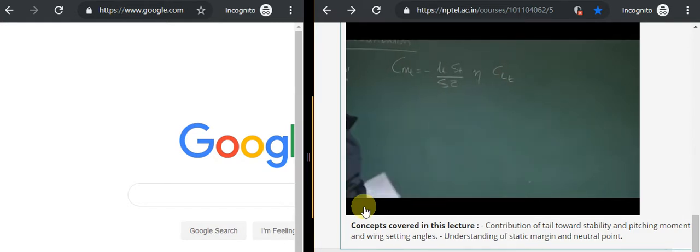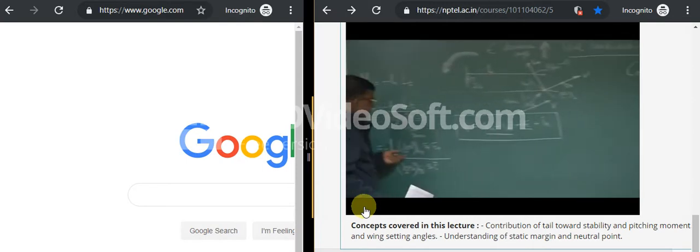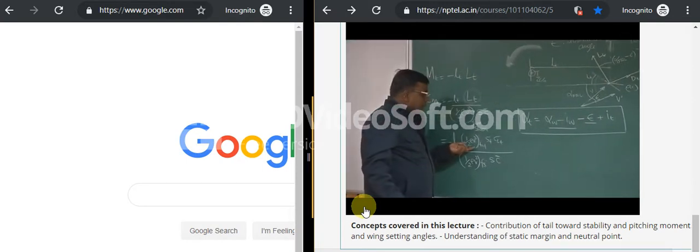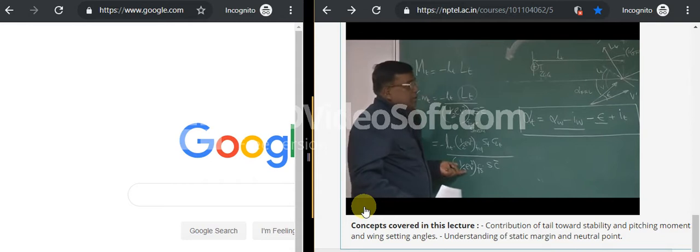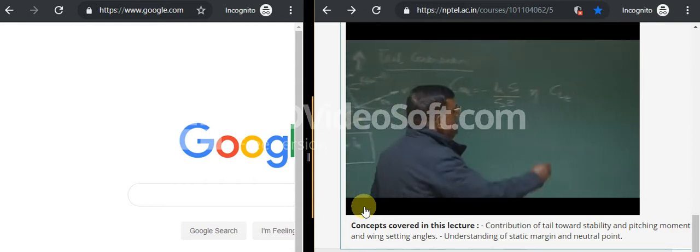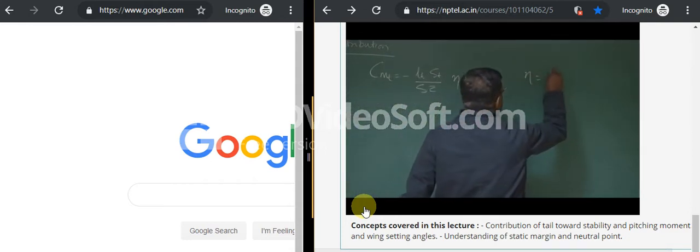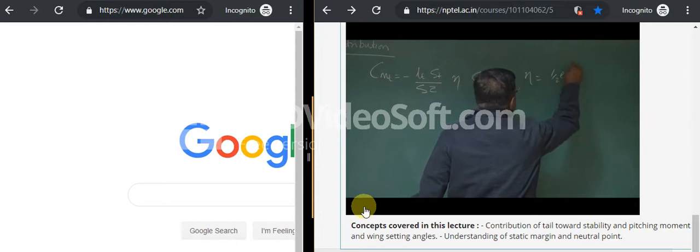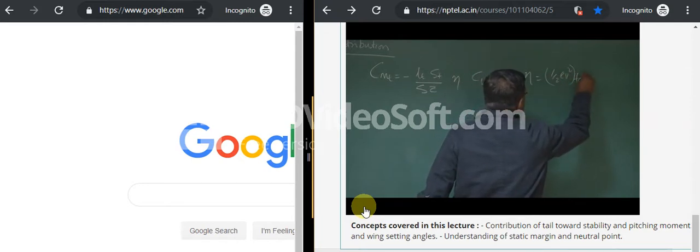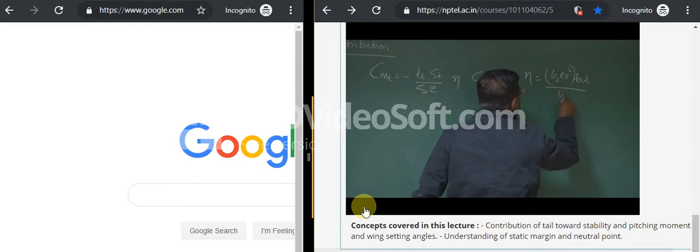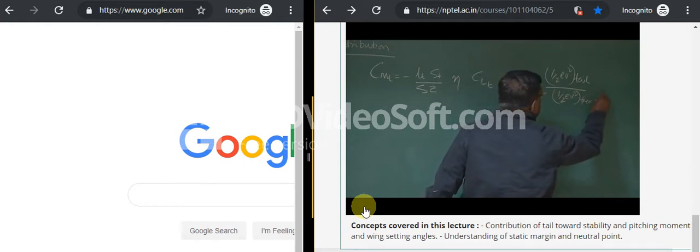What is neta? Neta is the ratio of dynamic pressure at the tail and free stream dynamic pressure. So neta is half rho V square at the tail by half rho V square free stream. Right? Okay.